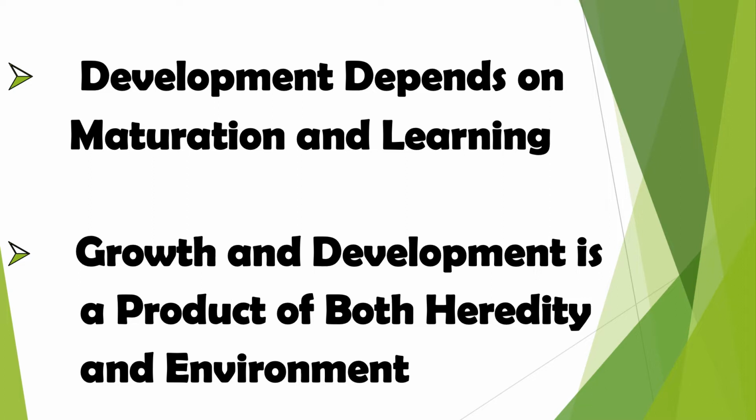Another, development depends on maturation and learning. Maturation refers to the sequential characteristic of biological growth and development. The biological changes occur in sequential order and give children new abilities.